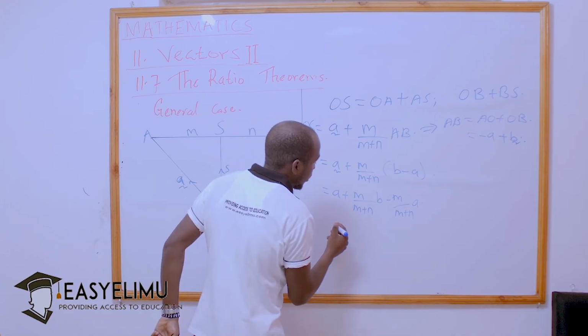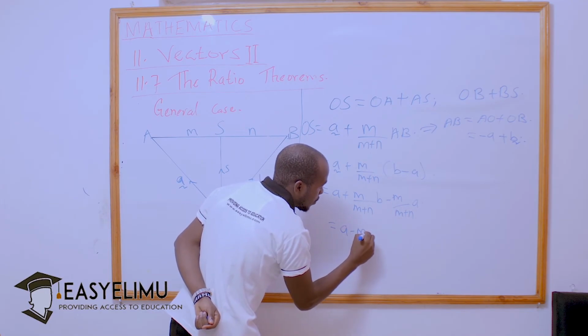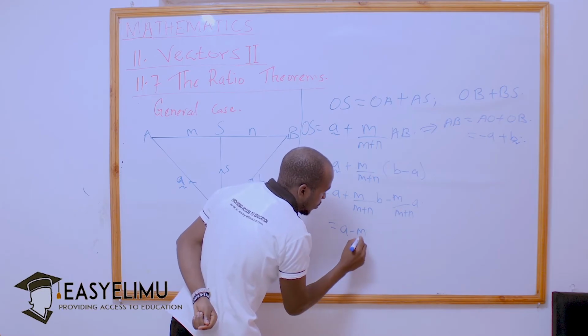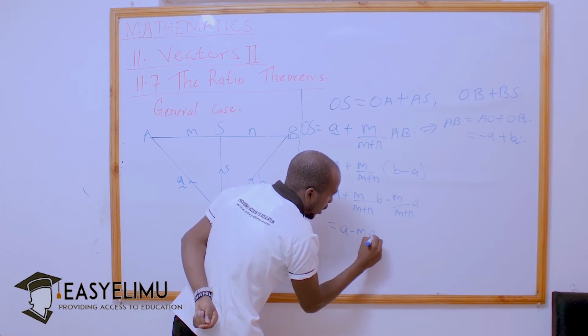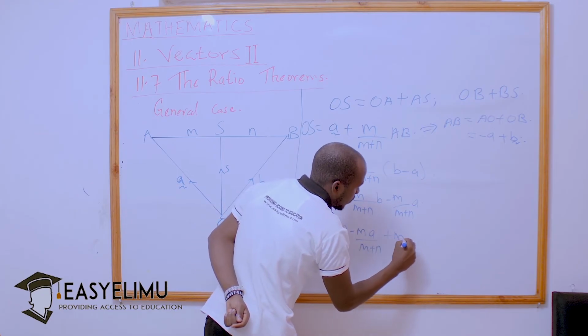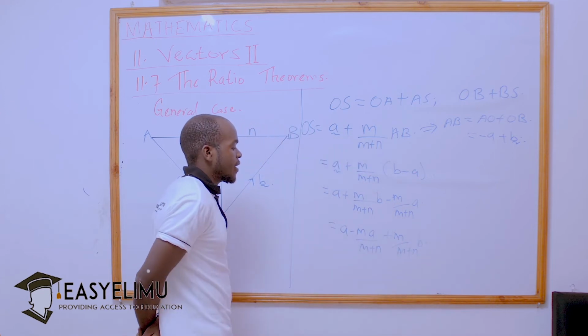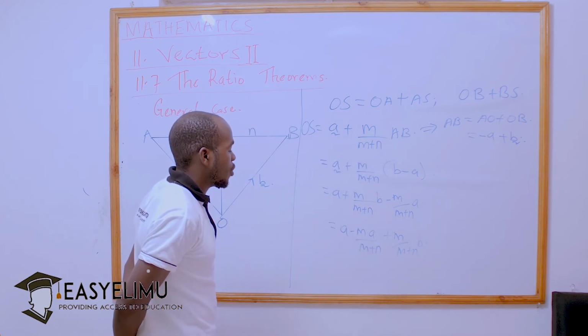After getting that, we can now factor out what we have. So that is A minus mA over m plus n, plus m over m plus n B.